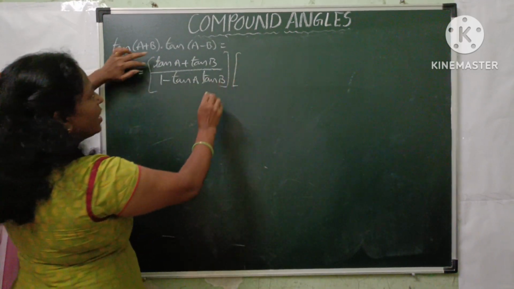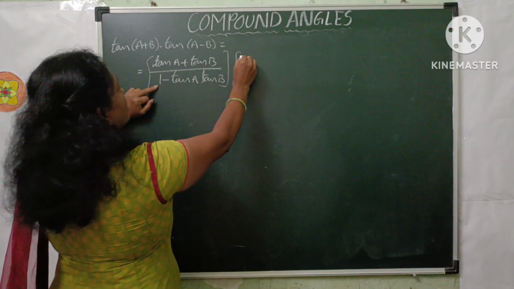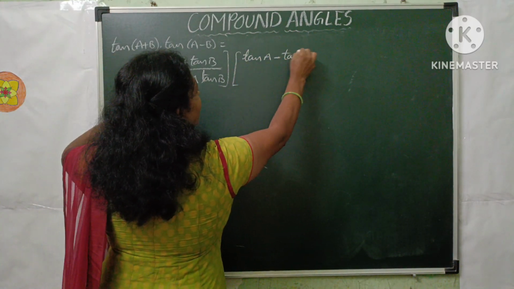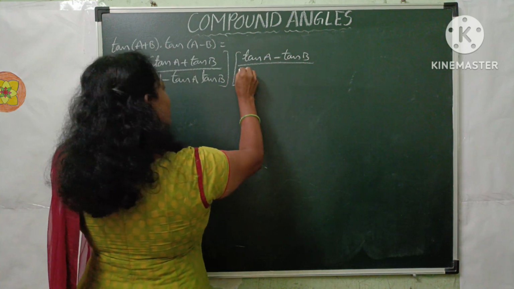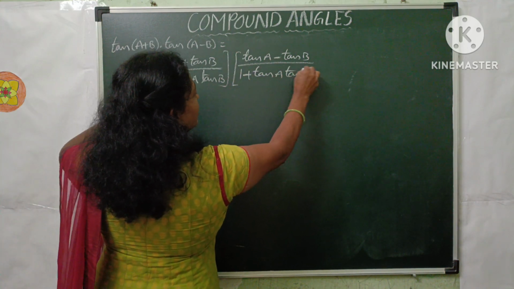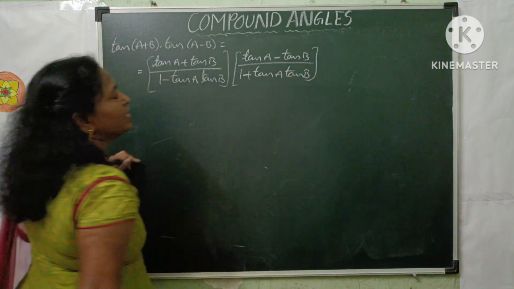Next, the tan(a-b) formula: tan a minus tan b by 1 plus tan a tan b. This is the tan(a-b) formula.